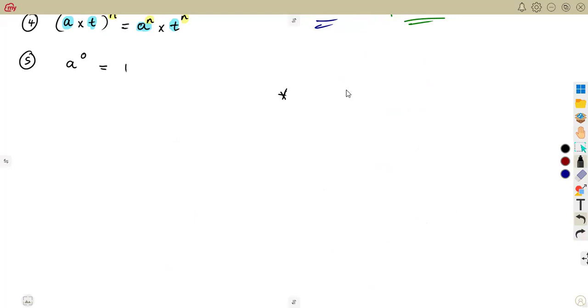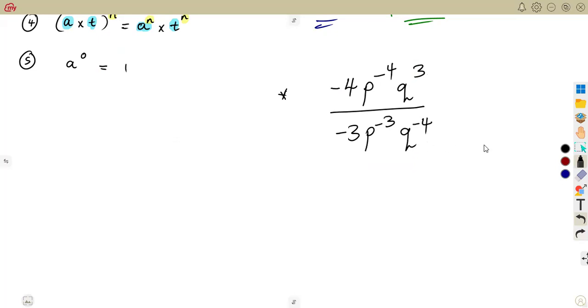All right, let's just consider the part of a division. And let's just consider, guys, we're just going to combine all the laws. Simplify -4, p to the exponent of -4, q to the exponent of 3, everything over -3, p to the exponent of -3, then q to the exponent of -4.